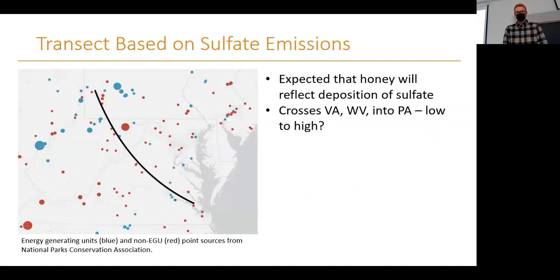This is a transect that I've established between Williamsburg and southwestern Pennsylvania. Based on previous studies and these maps, I expected that honey would reflect the same correlations, the same emissions and deposition of sulfate, especially in honey.